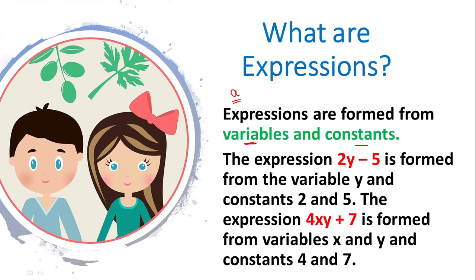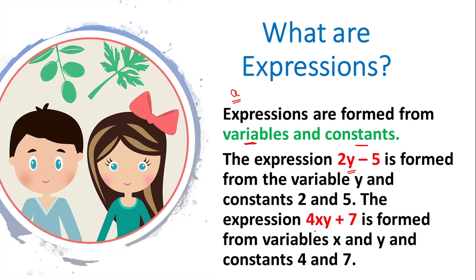Now let's see some examples. 2y minus 5 is formed from the variable y and the constants 2 and 5. See, 2y minus 5 is an algebraic expression. Here 2 and 5 will be termed as the constants. Why? Because their value is known, and y will be termed as a variable. Why? Because it is an alphabet and its value we don't know. Then here we have the next example, 4xy plus 7.